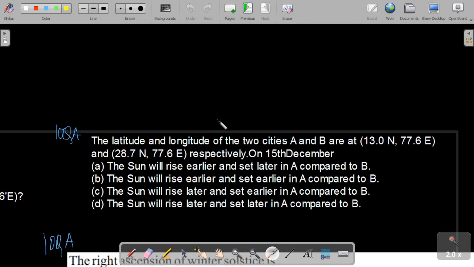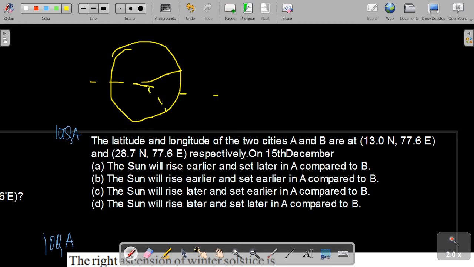So what you have to actually know is, as the sun moves, let me just draw a diagram here, although it's not needed, but for the sake of clarity.